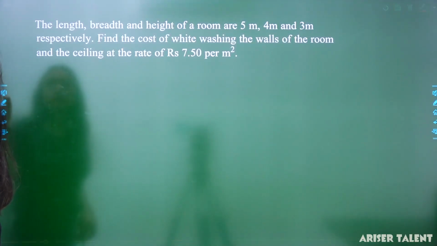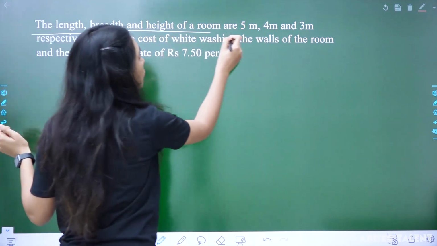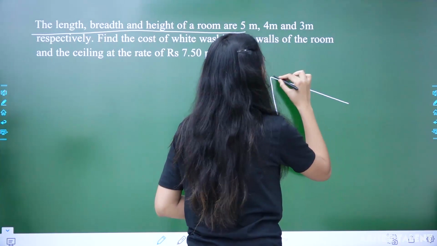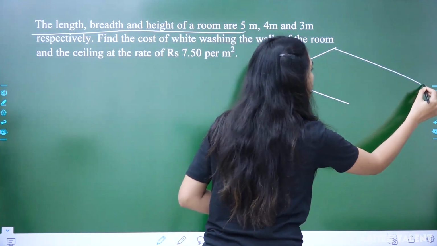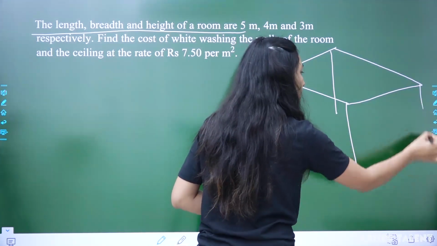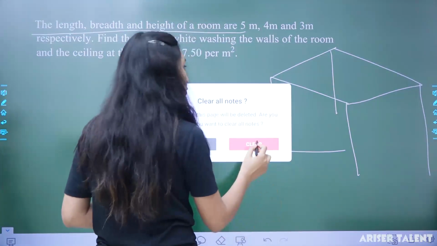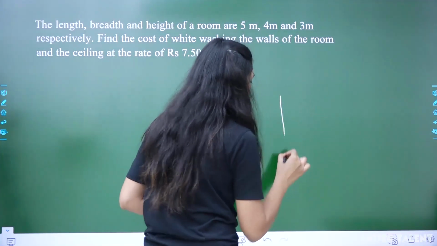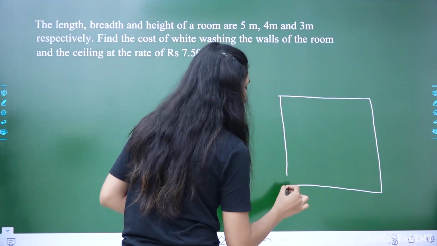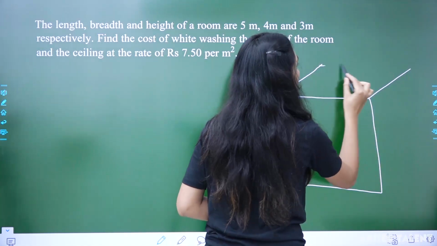Okay. The next question is: the length, width and height of the room are given. So here is a room, students. Likewise, your room, here is also a room, and this room consists of these 4 walls. Is it looking like a room or not? Let's make it again. First a square. Okay, it's a rectangle basically.